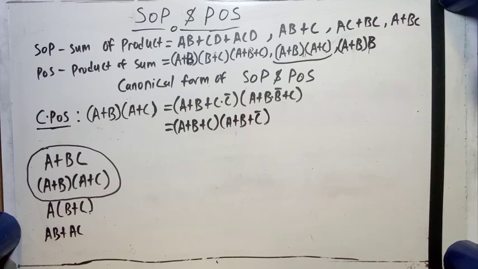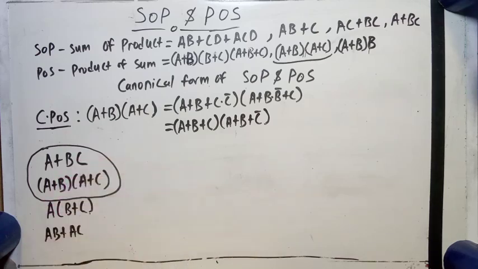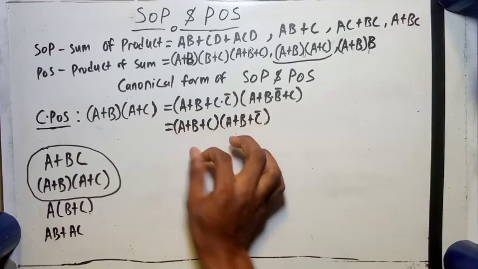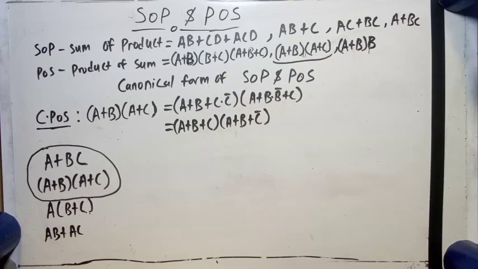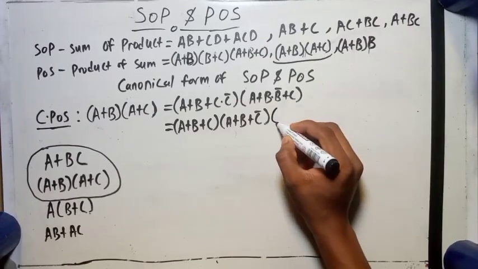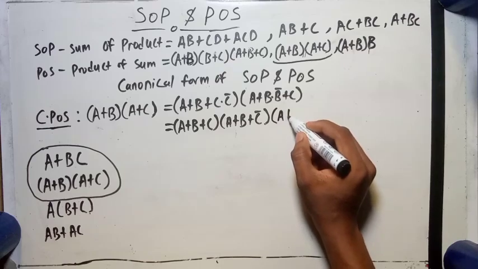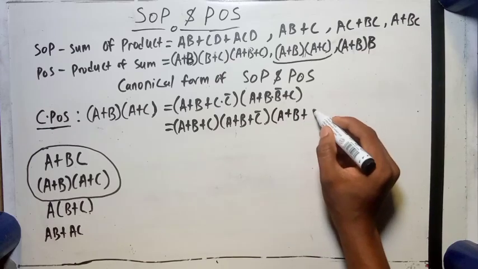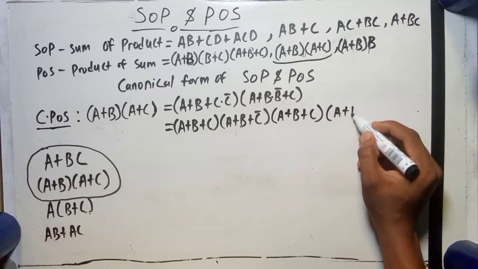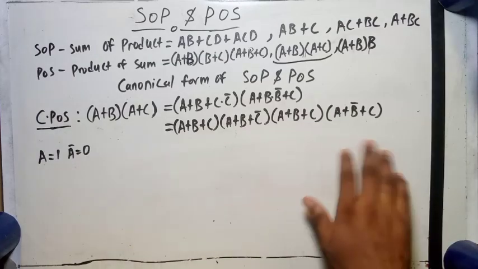Don't think much of it; if your aim is just to grab the idea, it's simply taking the first C, putting it in bracket, and the second one, putting it in bracket. You're not doing any special thing. Something similar happens here: you have A, you take your first B and add it to your C, and then the second one, the one with the bar, and add it too. Yes, this is how far we can go.